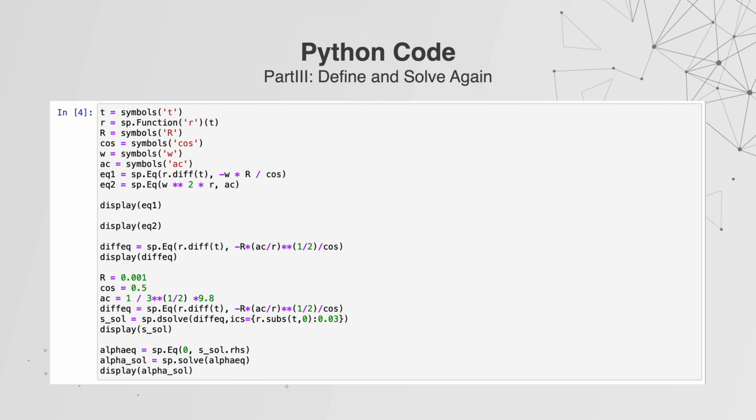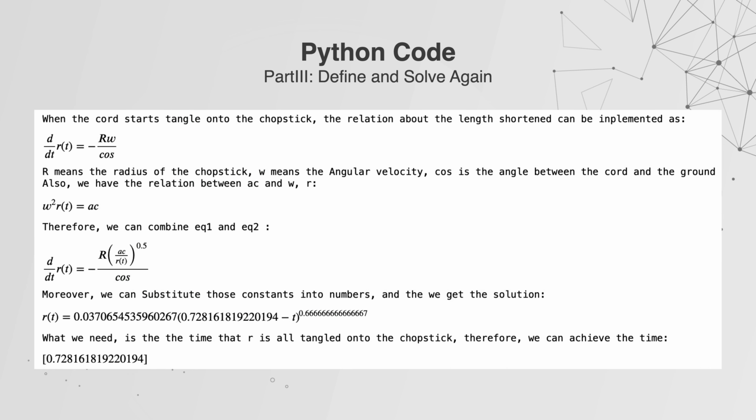It's important in physics because in our relation, we work on the first relation: dr over dt equals minus big R times omega divided by cosine theta. This relation is also about the little triangle that the ball creates when it's tangling on or off the chopstick.